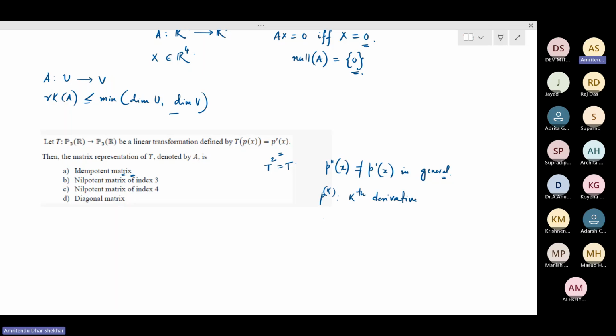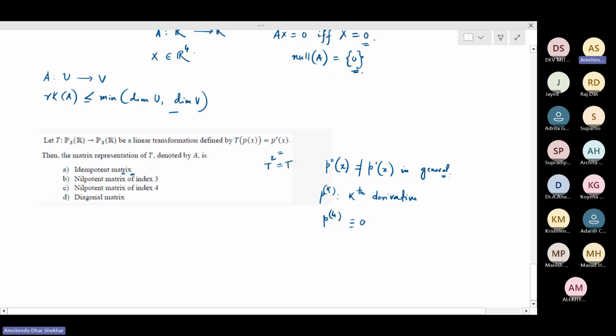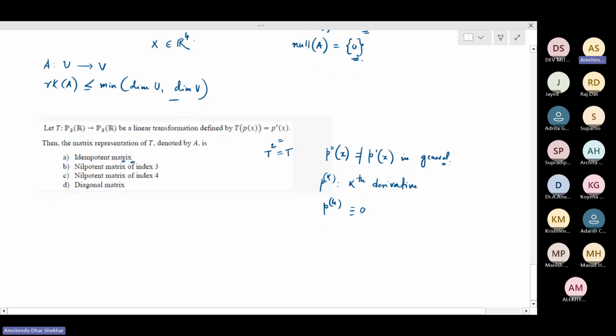Then you notice that P4 is identically equal to zero, which means that if you perform this operation four times, it is going to be equal to zero. So what you get is that T raised to the power 4 is equal to 0. So it is a nilpotent matrix of index 4.